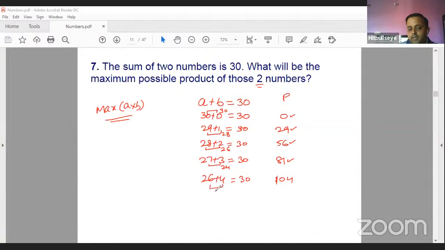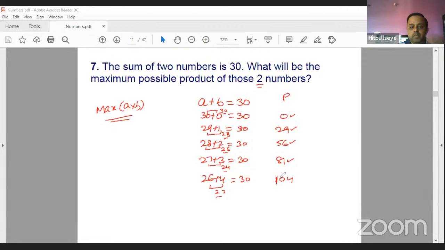Then the difference becomes 22 and the product becomes 104. So can you see that as the difference between the numbers is decreasing, 30, 28, 26, 24, 22, the product is increasing?